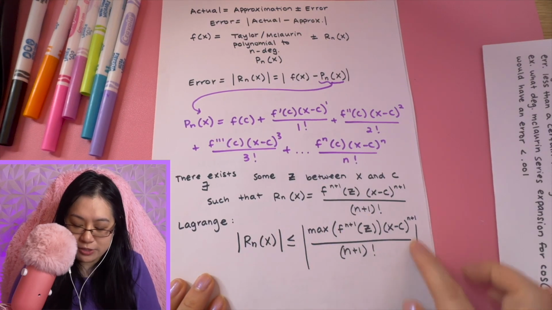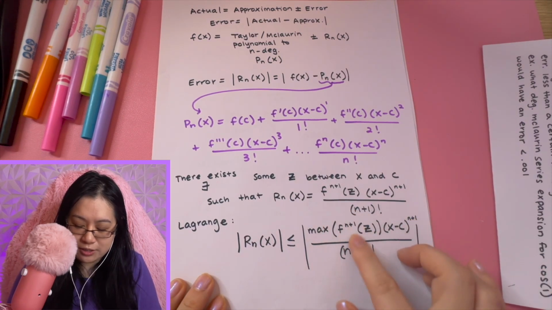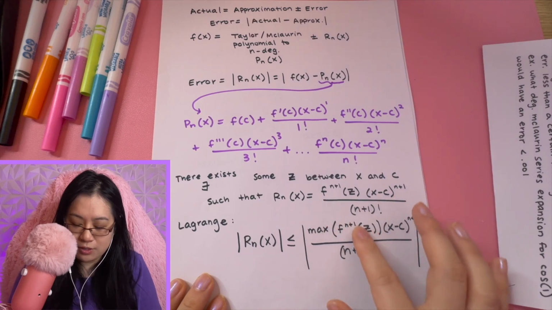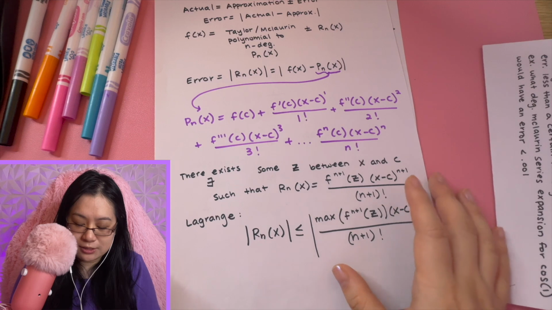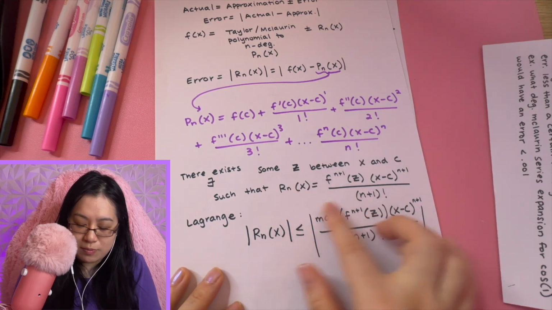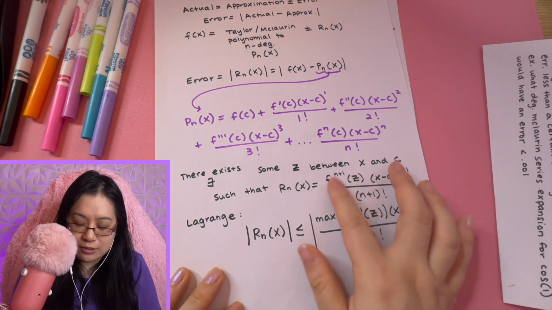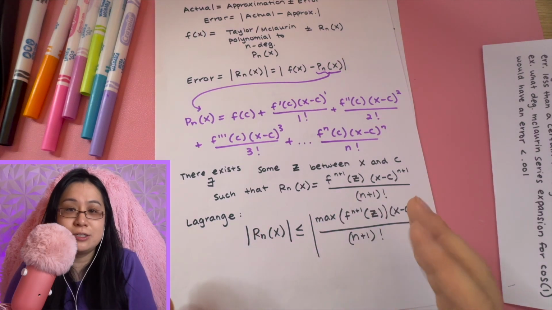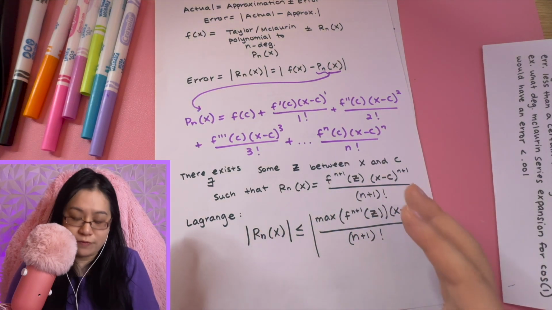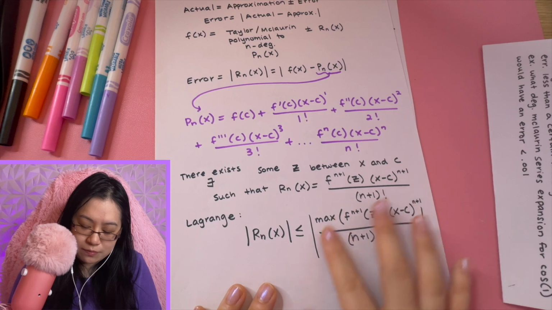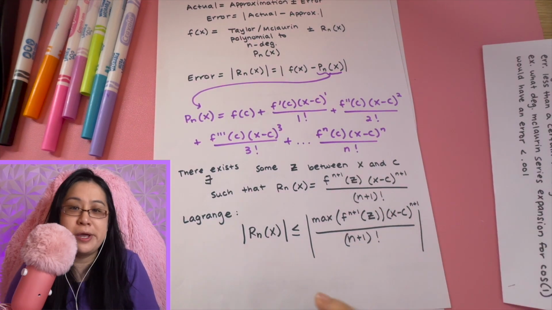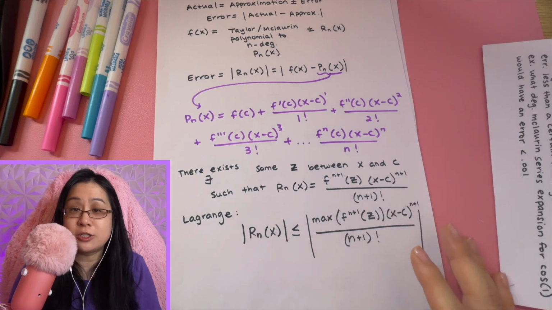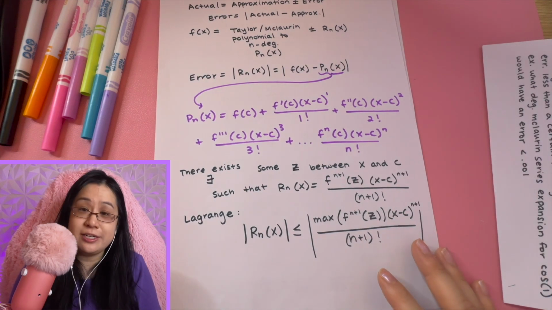This concept here, whether you see it as this big M, it's all the same idea. There is some z between x and c that makes this remainder true. It has to do with the next order derivative, and so this captures that idea. But sometimes you'll see it written out more formally, especially if you revisit the idea in analysis.